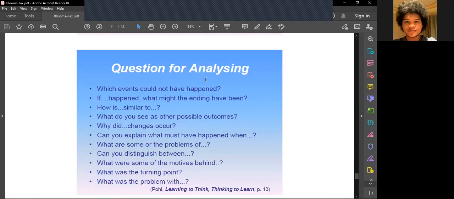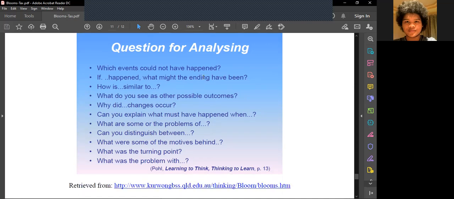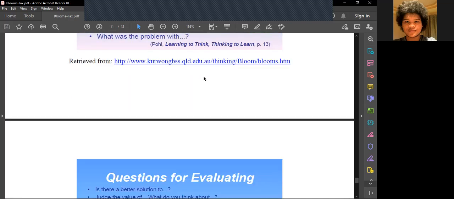For analyzing, this is giving a deeper understanding by differentiating, distinguishing, and looking at other possible outcomes if these certain conditions could have changed. And they're going to present their alternative analysis based on a possible outcome.